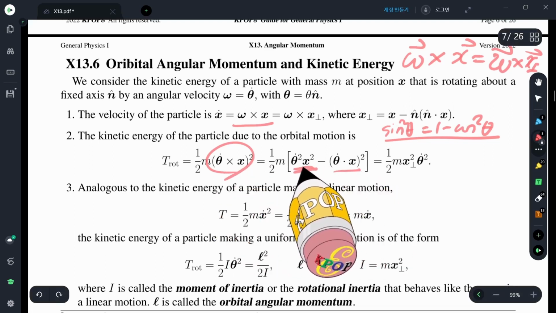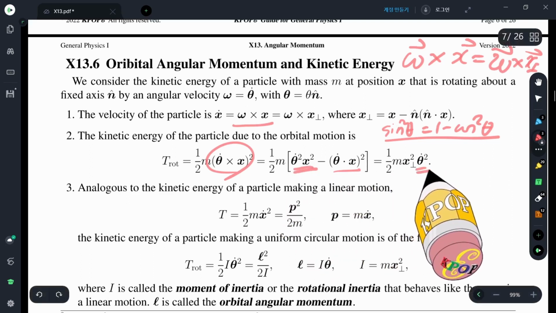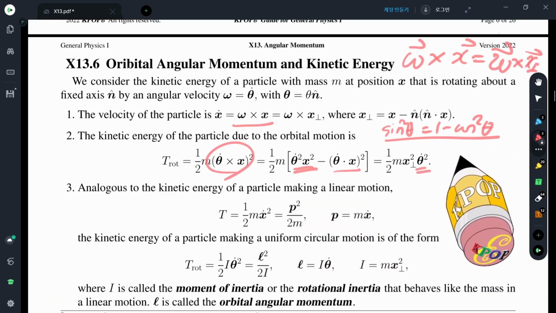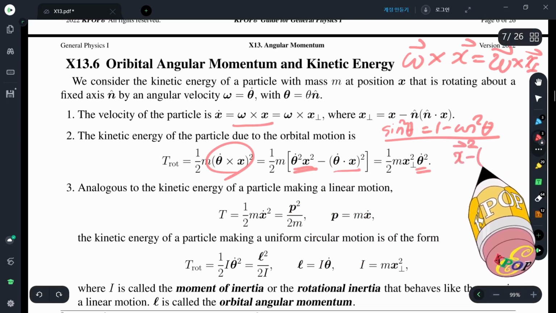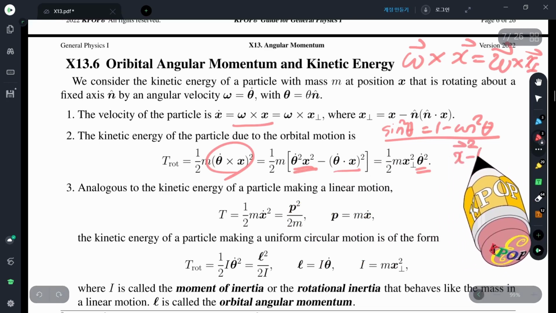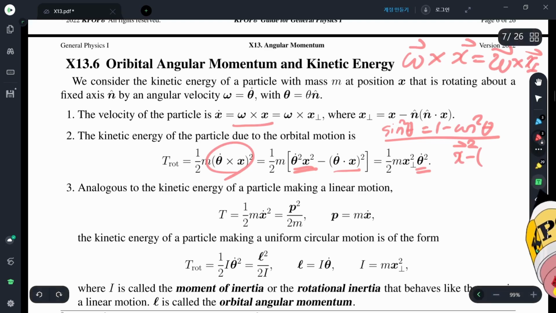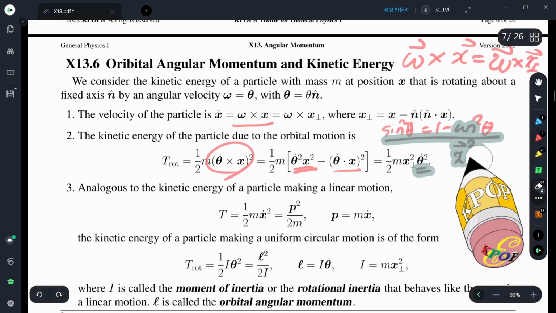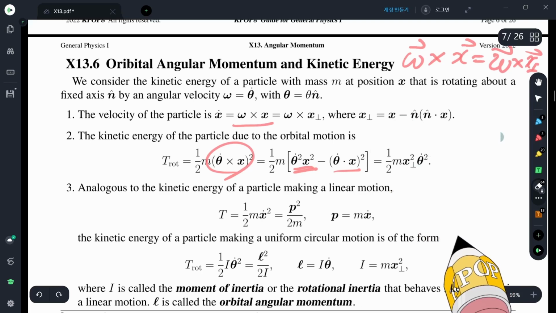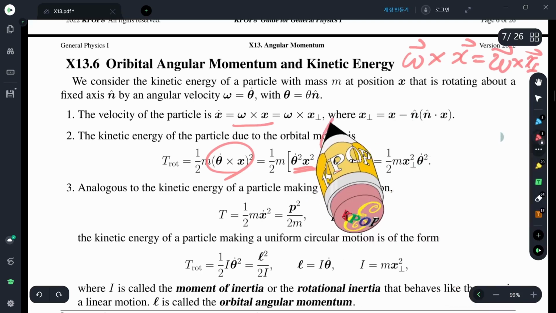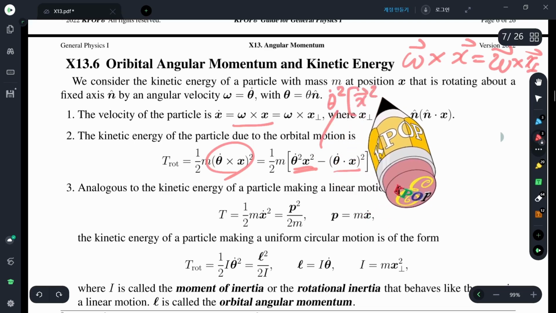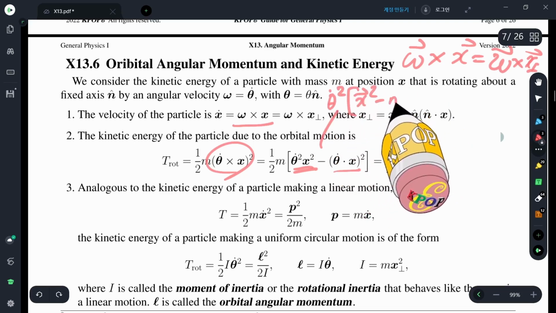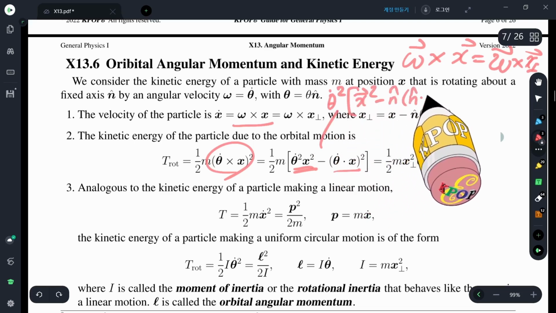And again, if I pull theta dot squared out, then this becomes x vector squared minus n hat dot x squared.